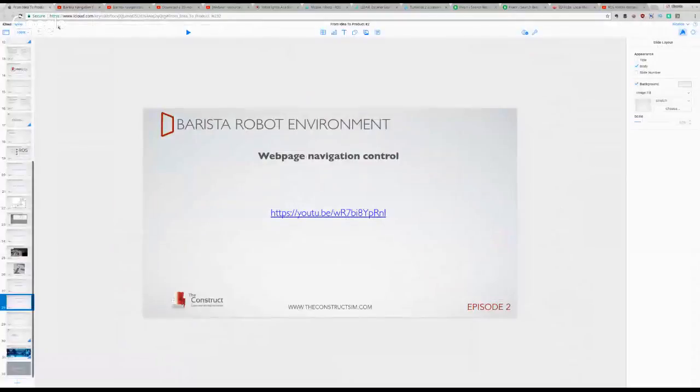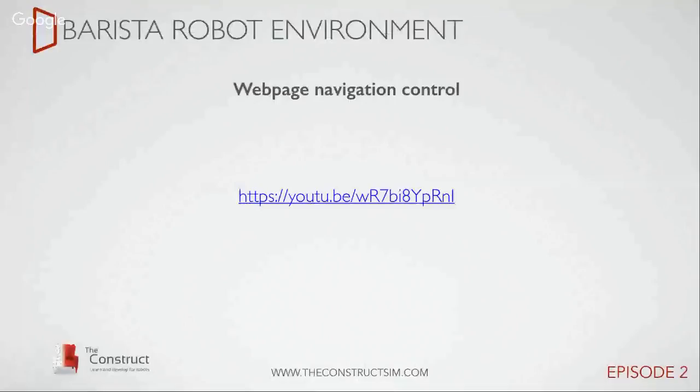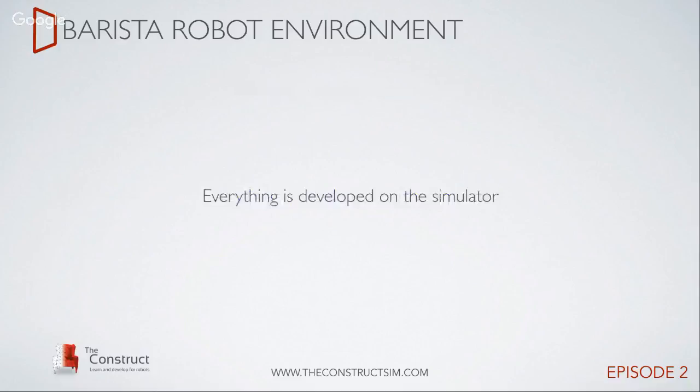Okay, great. And basically that's it for this second part. So what you should take from this second part is that you have to test everything in the simulation. Everything has to be developed in the simulator and made to work there.